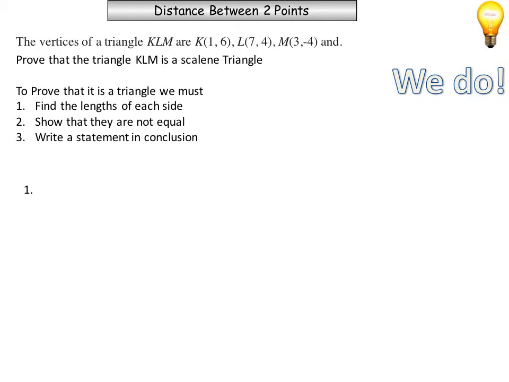So we need to find the length KL, which is equal to the square root. Let's choose our K to be x1, y1 and L to be x2, y2. So we're going to use K is going to be 1 minus, and we're looking at L, 1 minus 7, all squared, plus we're going to have 6 minus 4, and when you put that onto the calculator you're going to get that it is 7.21.